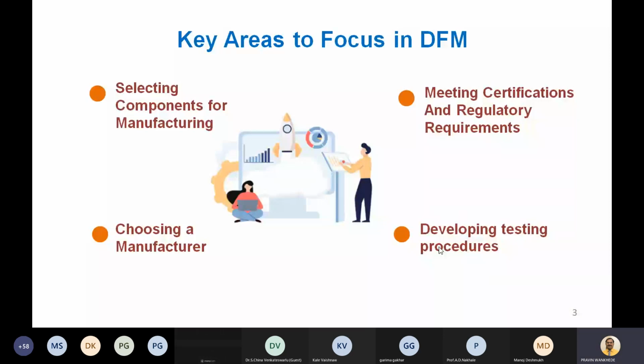But again the question comes, shall we always go for overseas component manufacturers? It is not like that, because there is a significant cost advantage, but they come with logistical challenges.